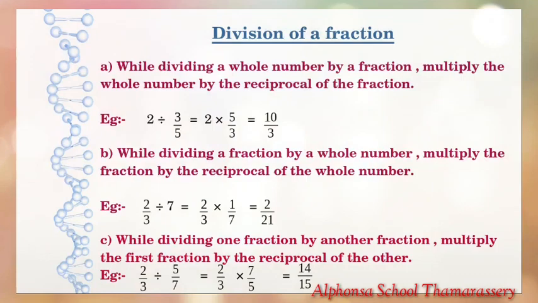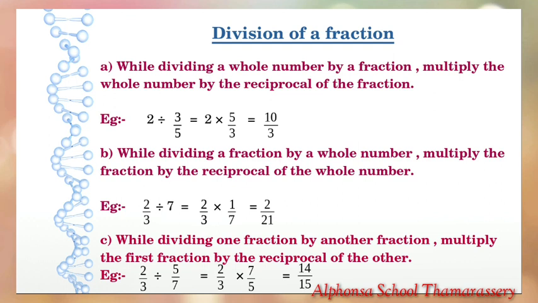Then we discussed the division of a fraction. While dividing a whole number by a fraction, multiply the whole number by the reciprocal of the fraction. Example, 2 divided by 3 by 5, which is equal to 2 into 5 by 3. That is equal to 10 by 3.